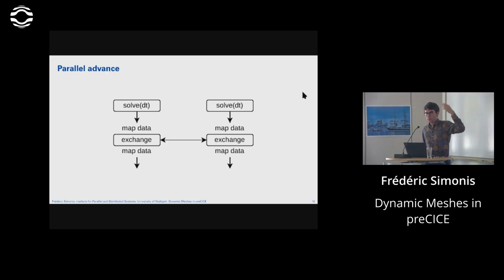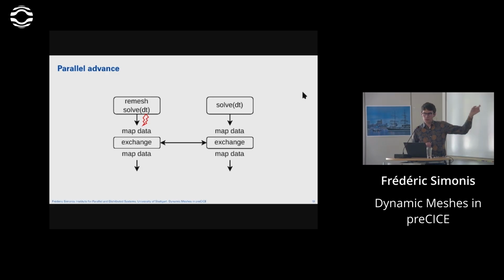So you give information to preCICE. preCICE needs to remap this from a local to a potentially remote spatial discretization, so mapping between meshes. Then you have the send, also the exchange between the different solvers, and then preCICE needs to potentially map information from the remote mesh to the local mesh that you then can read again from.